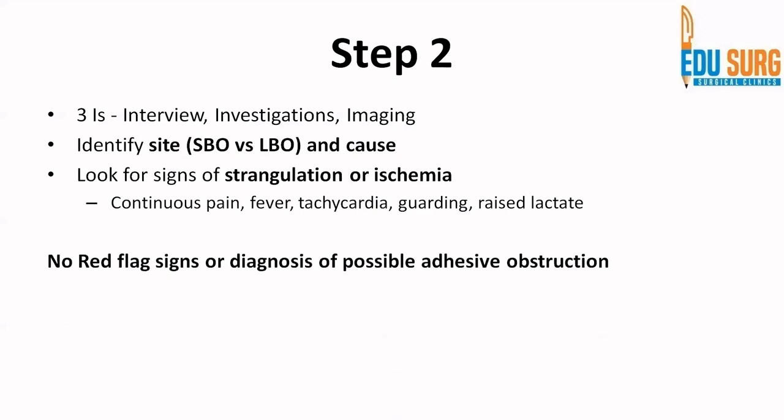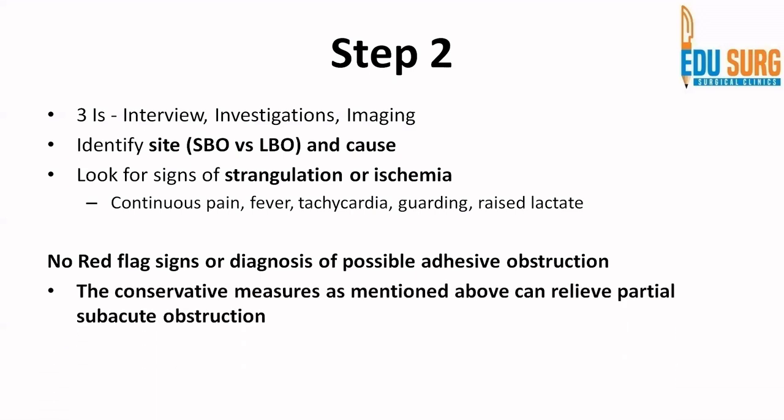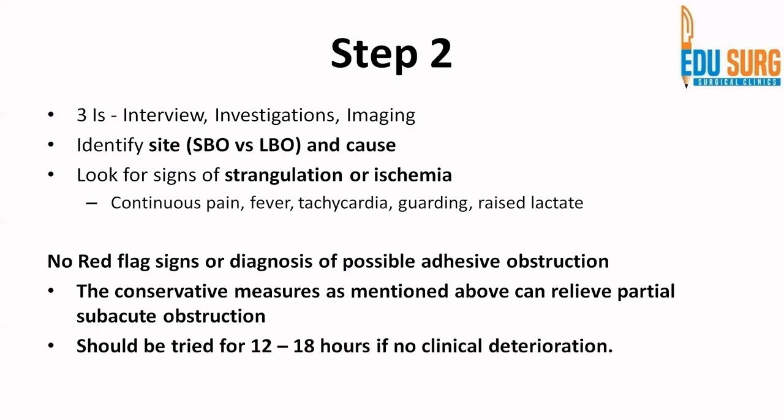If none of these red flag signs are present and your diagnosis is a possible adhesive obstruction, then conservative measures as mentioned above can relieve partial subacute obstruction. It can be tried easily for 12 to 18 hours. If you know that it is adhesive obstruction, you can even continue this management for 1 or 2 days if there is no clinical deterioration.